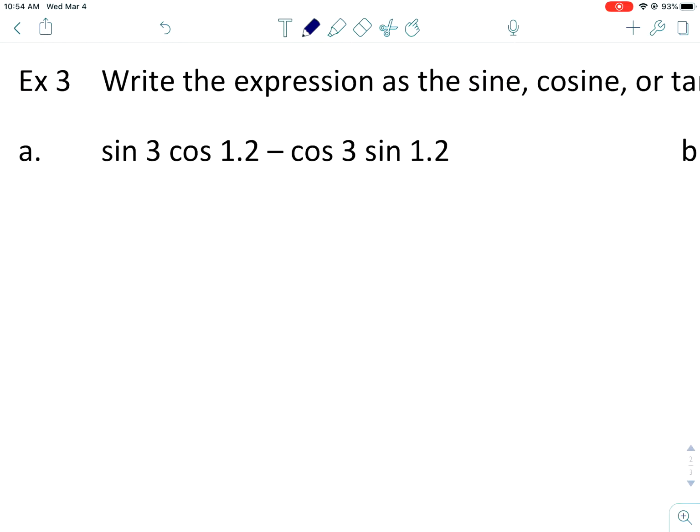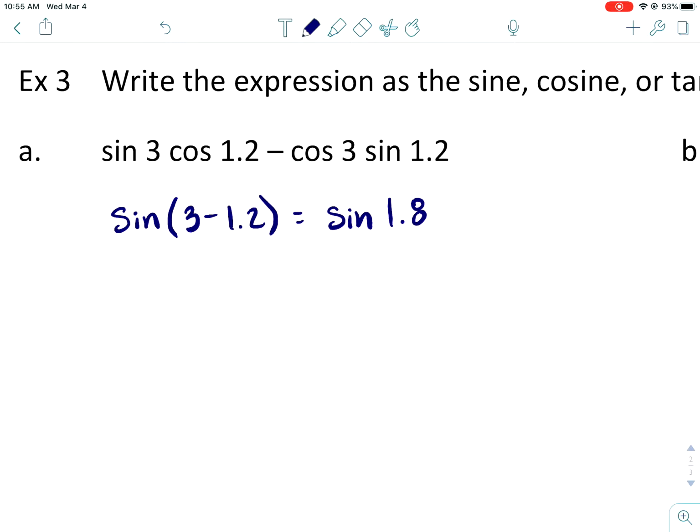Which one does that look like? Yeah, you're right. So the sine of u minus v. So what do you guys think u is? 3. And then v should be 1.2. So this is really, originally, the sine of 1.8.